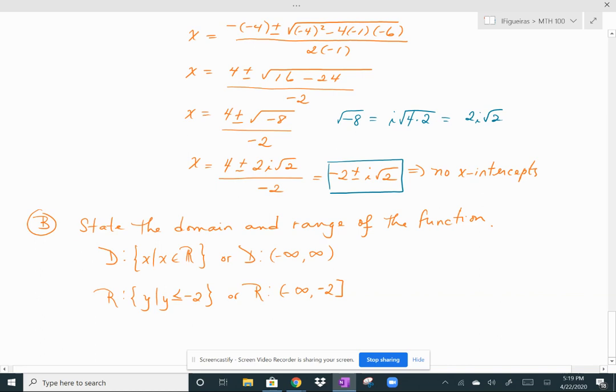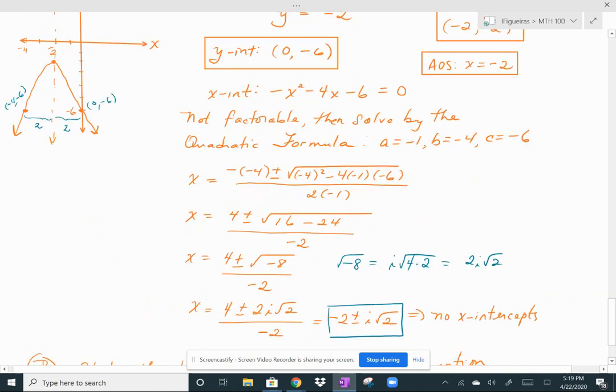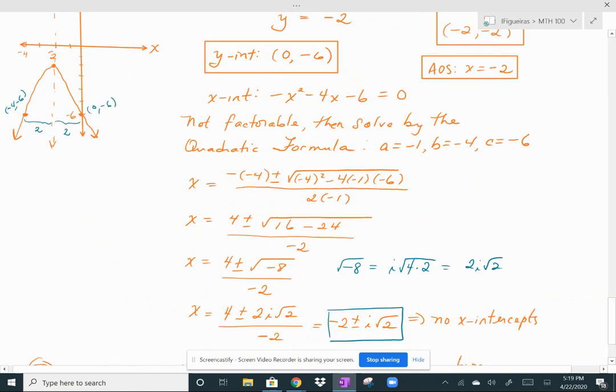Now my range. My range, you really need to graph it in order to say what the range is. It makes it easier to read. You read your graph from bottom to top. So remember, again, these arrows mean that this graph is going towards negative infinity. And then it increases all the way till we get to this vertex. And remember, the vertex here is -2, -2.